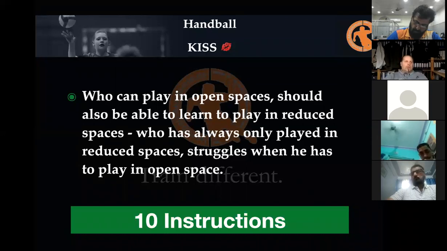First of all, because orientation and movement in open space has to develop. And second, because decision making is much more difficult. And from the defense point of view, it's very difficult then to defend in open space when you have only been defending in small space before.